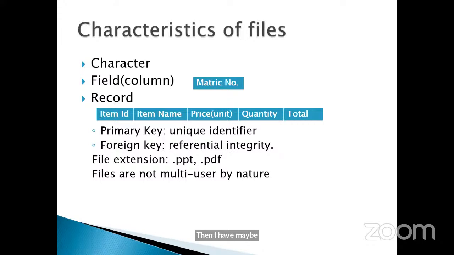In the course file, the course ID is the primary key. It is a unique identifier that says CSC 227 is Introduction to Information Processing.